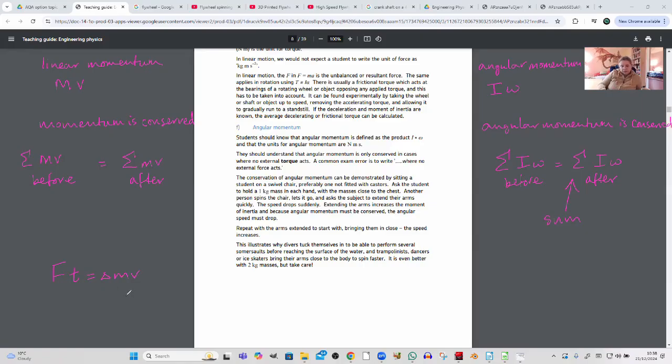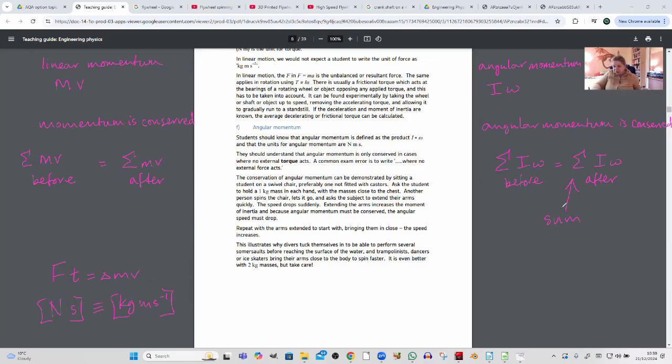So your momentum in linear momentum, we usually do kilogram meters per second, don't we? But it's also the same as Newton seconds. Can you see those units are entirely equivalent to each other? So linear momentum, we nearly always call kilogram meters per second, but you can call it Newton seconds.